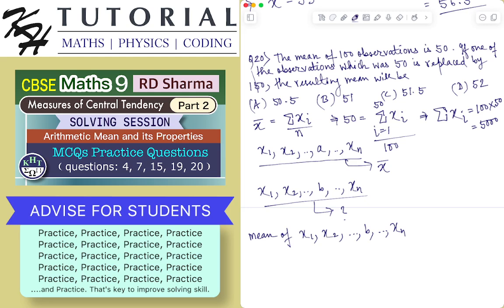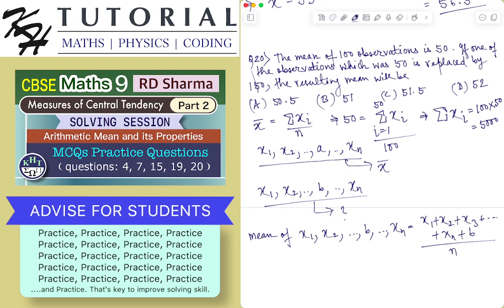It will be equal to x1 plus x2 plus x3, this way up to xn, plus b divided by n.